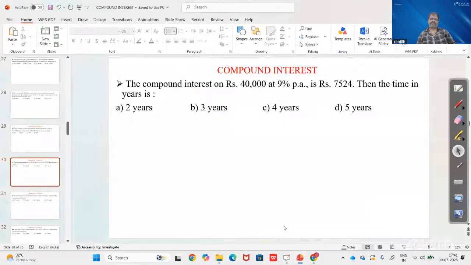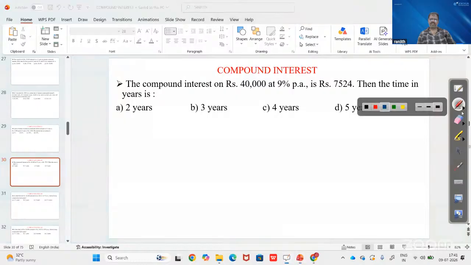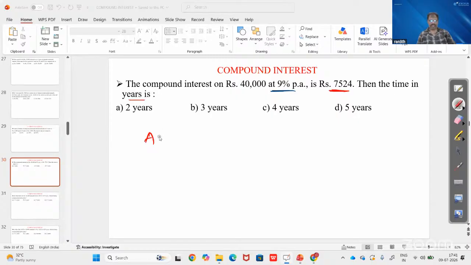The compound interest on 40,000 at 9 percentage per annum is 7,524. Then the time. So what is the amount formula? Amount equal to P into 1 plus R by 100 whole to the power of T. So principal equal to 40,000, interest we are getting 7,524, then the amount will be equal to 47,524.